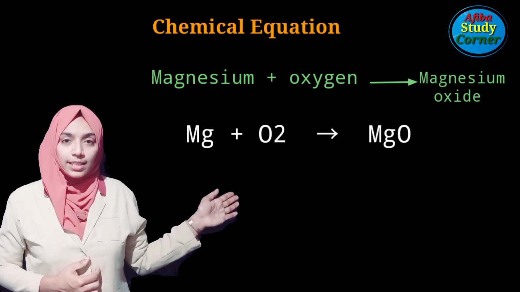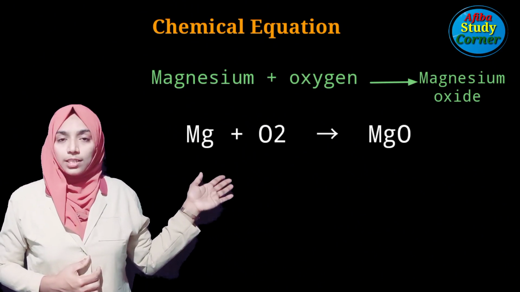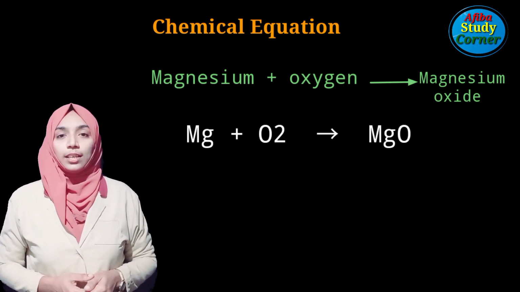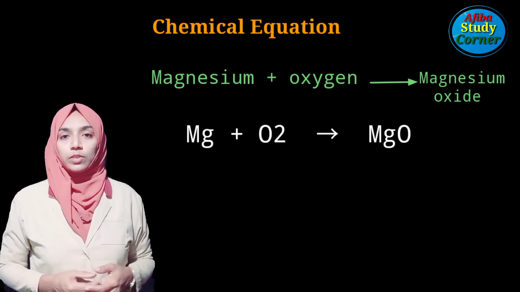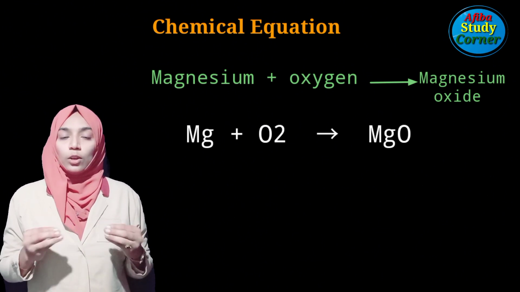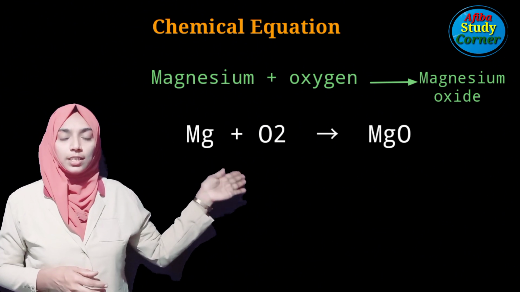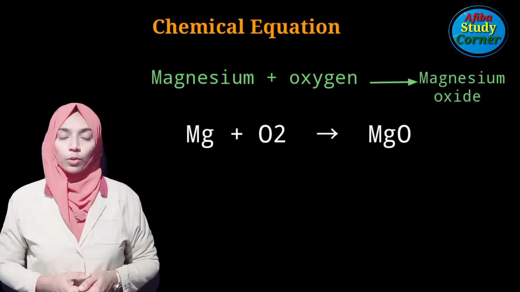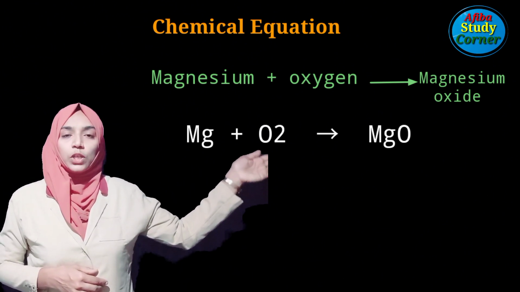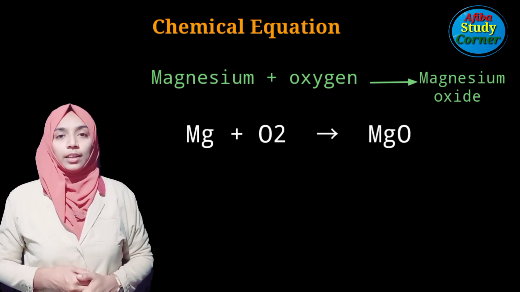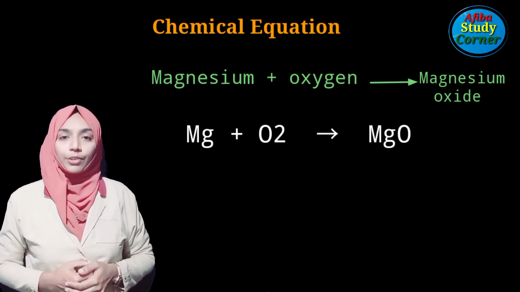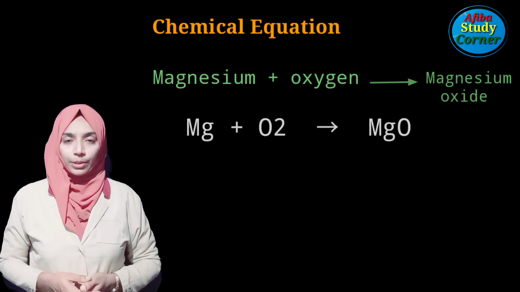When we write the reaction between oxygen and any other element, we should write oxygen as O2, because oxygen exists in the atmosphere as a diatomic molecule, or oxygen exists only in O2 form. So we should write oxygen in O2 form. Okay, so let's write Mg plus O2 gives MgO, magnesium oxide. This is the skeletal equation of this chemical reaction, the burning of magnesium ribbon.